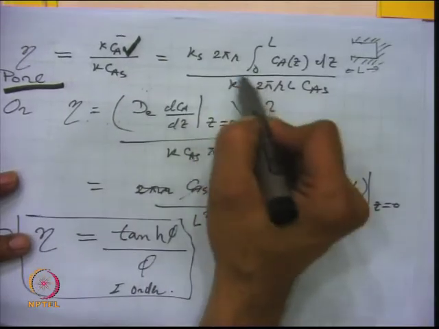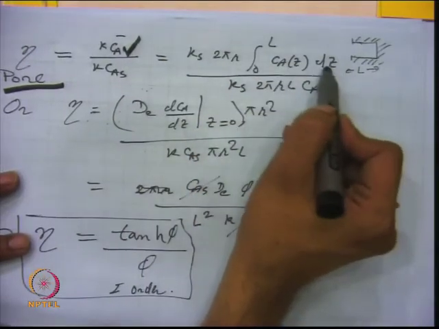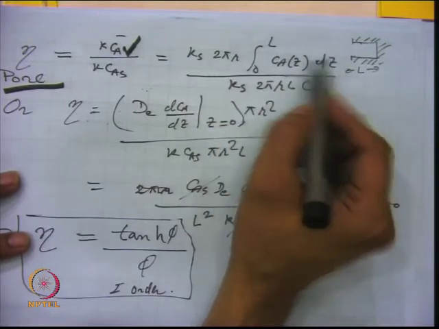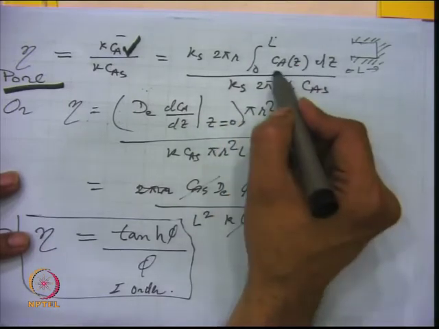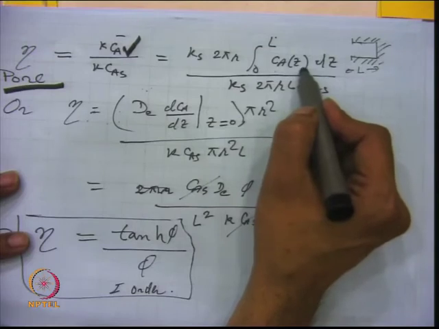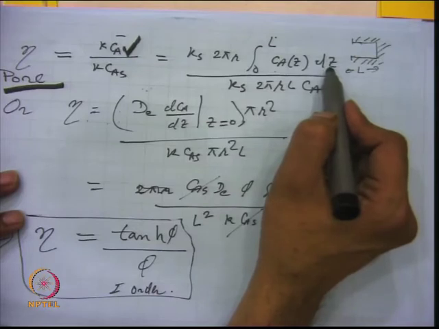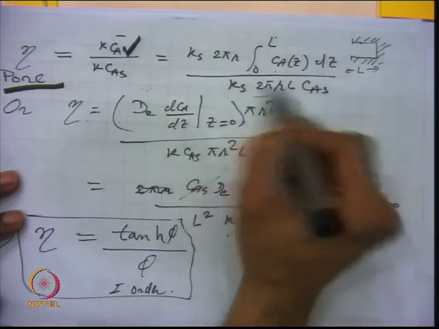So, here 2 pi r delta z is the area, and r is the radius of the pore which is constant. So, 0 to L, Ca z, because concentration is changing with z, times delta z which is dz, divided by the maximum rate.